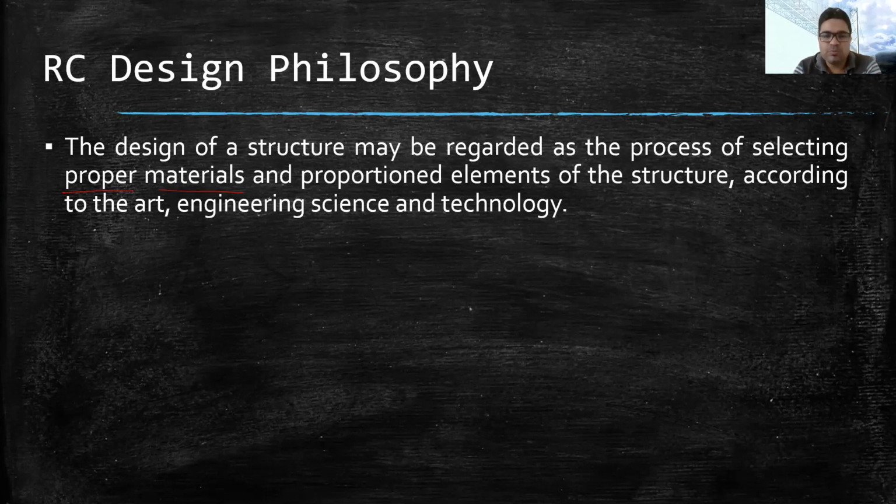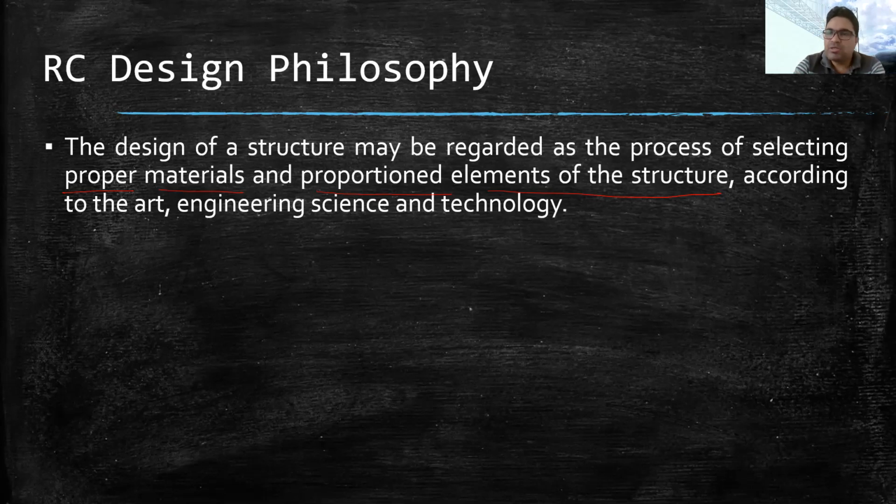So proper materials should be selected, and after that we need to proportion elements of the structure. This proportioning is based on the magnitude of the load. Whatever load is coming in a particular member, we try to proportion that member accordingly. That is another aspect of the design.